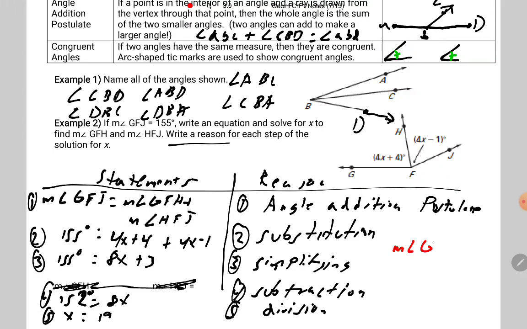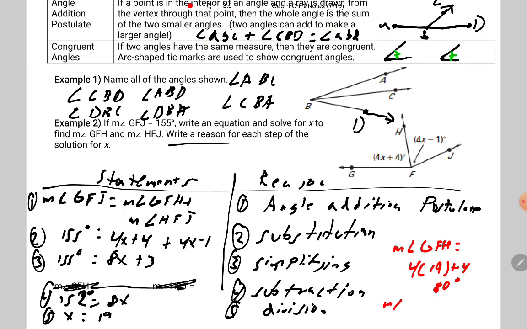Measure of angle GFH is equal to 4 times 19 plus 4. So I'm just plugging my x value back into the equation, and I will get 80. So 80 degrees for that one.